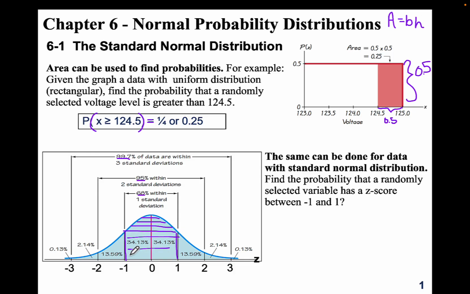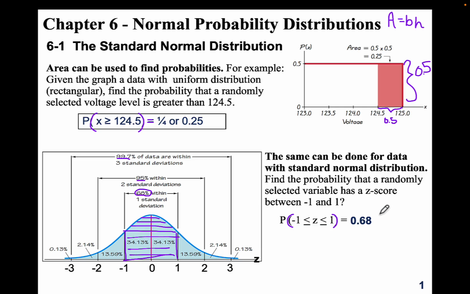Well, this shaded region makes up 68% of our bell-shaped curve. So we would write that as capital P for probability, open your parentheses, z-score is between -1 and +1, and that's going to be equal to not 68%, but remember as a probability that would be 0.68.